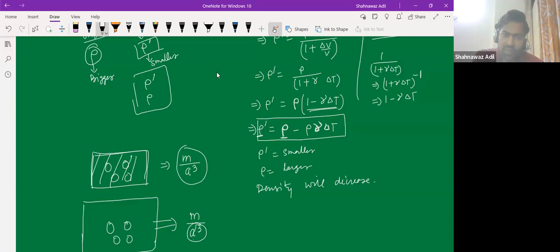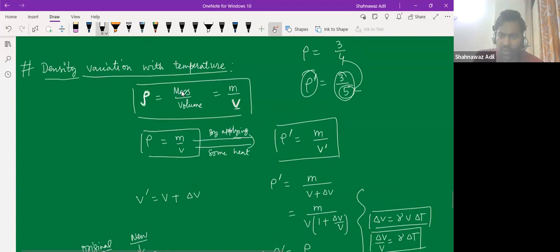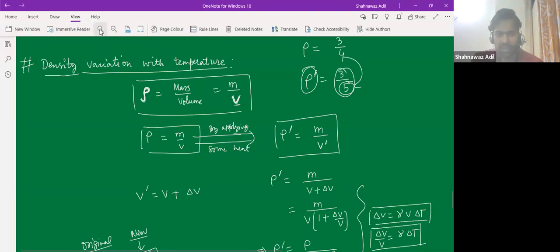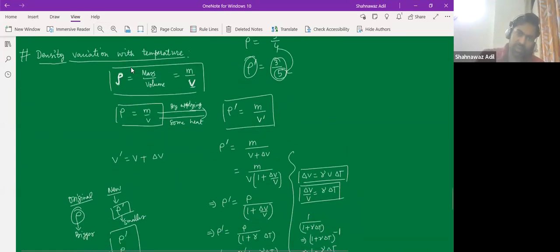Okay, so you guys please note down this part, and then we'll talk about one property of water which is very crucial. So we have understood how length, area, volume, and density will change by increasing the temperature. Quickly, you guys note it down, and if you have some doubts, please tell.